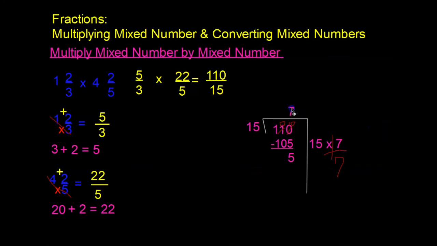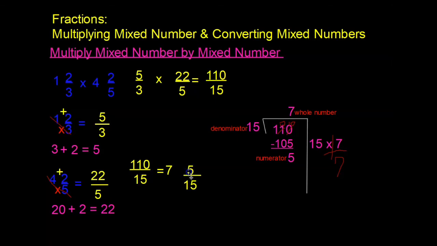Now we have to take this information and make it a mixed number. The way that we do that is we have 7 as our whole number. We're going to have 5 as our numerator, and 15 is the denominator. So we have 7 5/15. 110 over 15 equals 7 5/15.